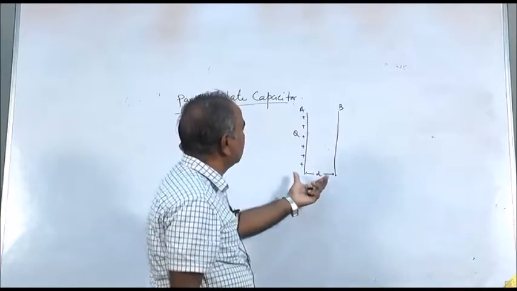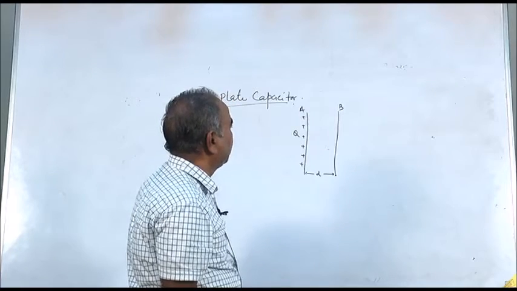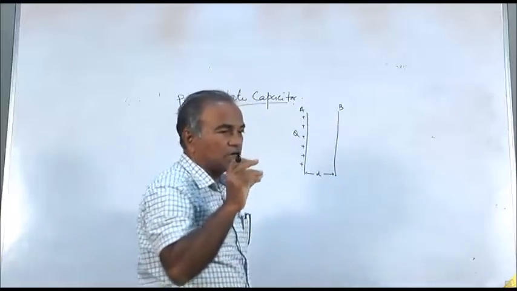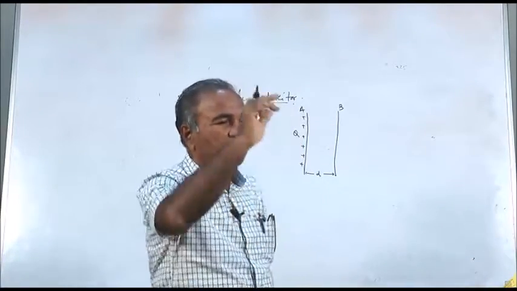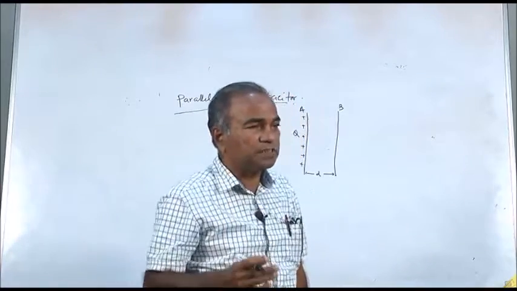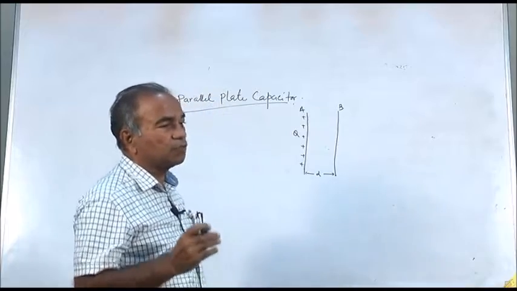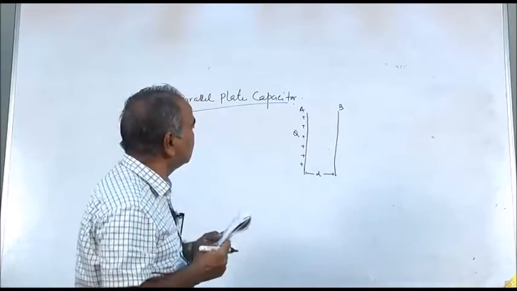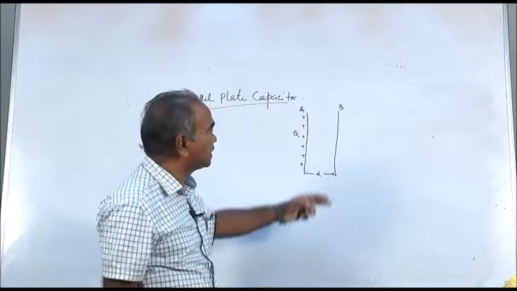When this uncharged plate is placed very near to the charged plate A, uncharged means there are atoms. An atom has a nucleus and electrons revolving around the nucleus. Electrons are negative charge, the nucleus is positive charge, and there are equal numbers of positive and negative charges, so this plate is uncharged, electrically neutral.